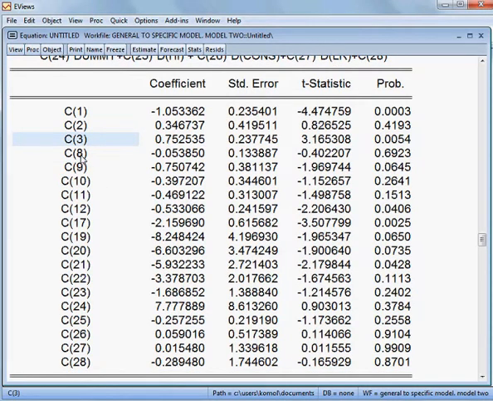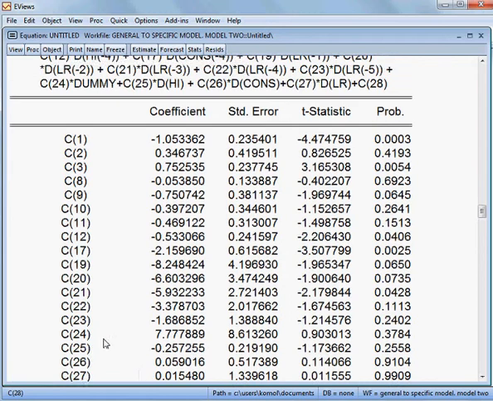Short run from C8. C8 actually is the short run coefficient. C9, C10 until C28, all are short run coefficients, not long run coefficients. From C8 until C28, all are short run coefficients, not long run.